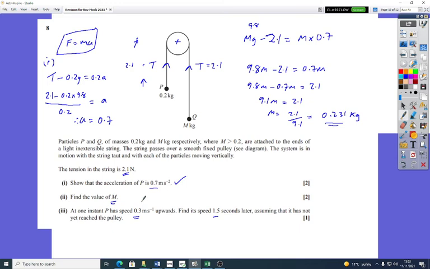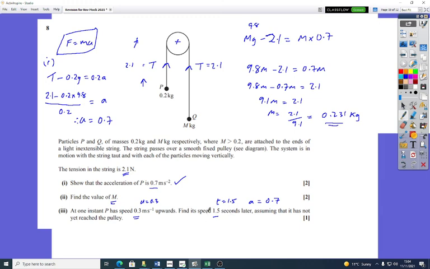Let's call that initial speed. Find its speed, so t is 1.5. Acceleration is the same, 0.7 meters per second squared.